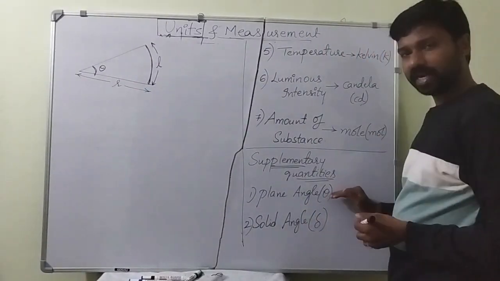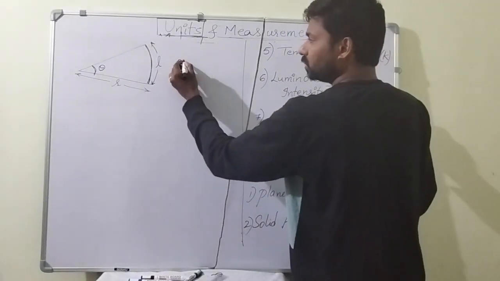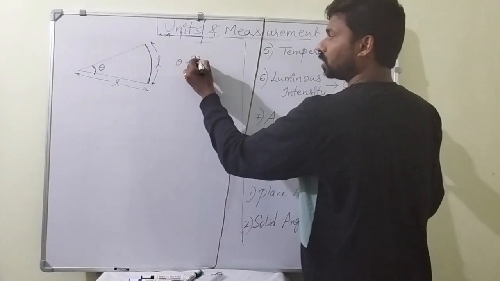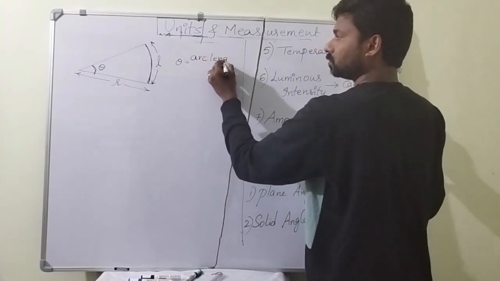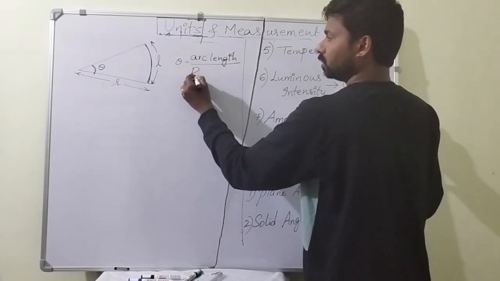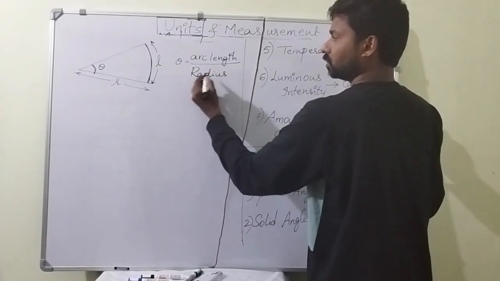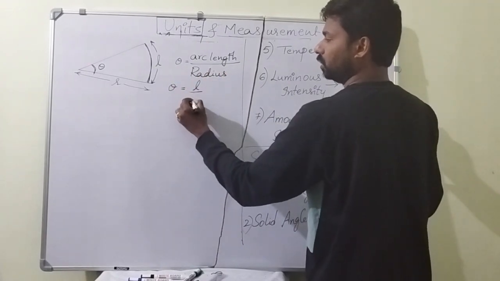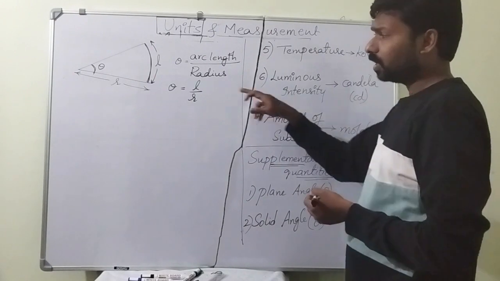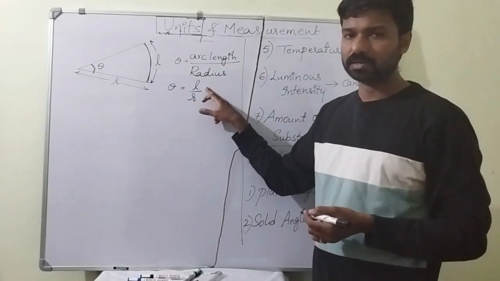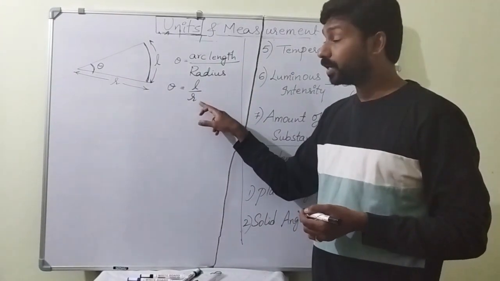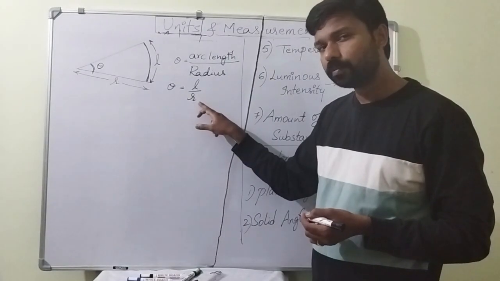So what is meant by plane angle? Plane angle is equal to arc length divided by radius, or theta is equal to L by R. Length is measured in which unit, my dear? Meter. Radius is also measured in meter.